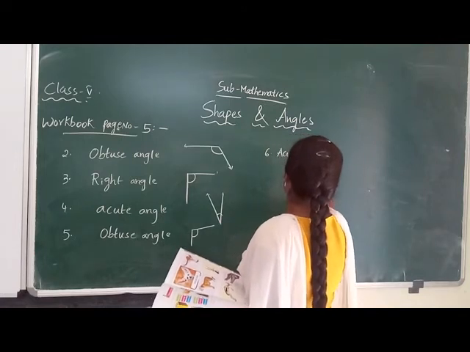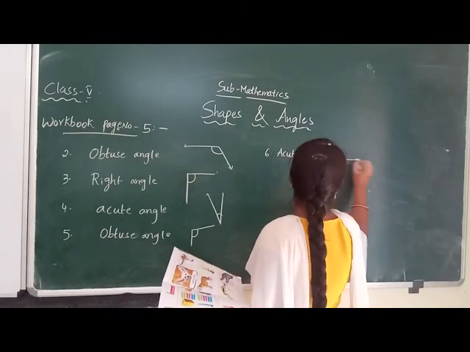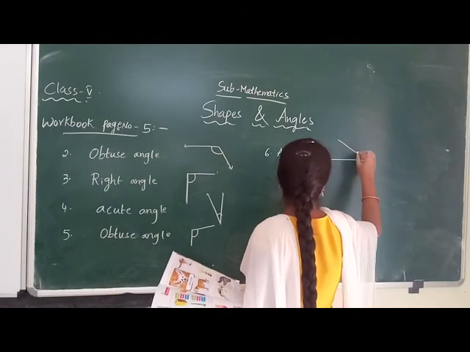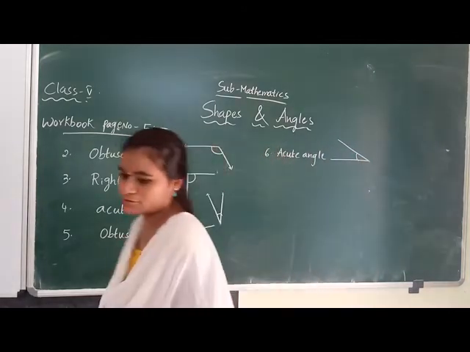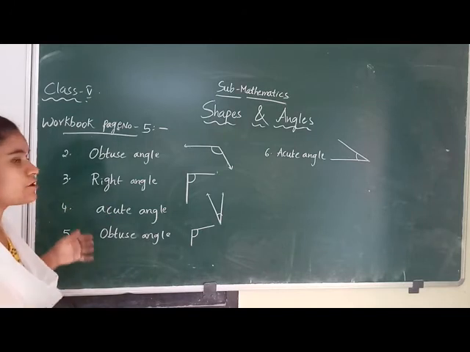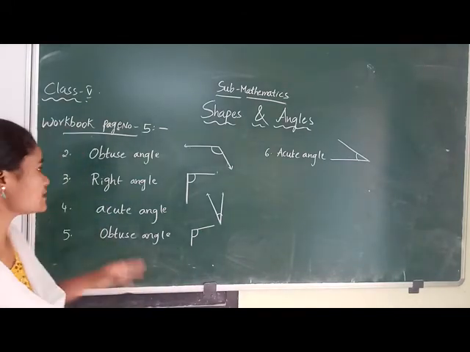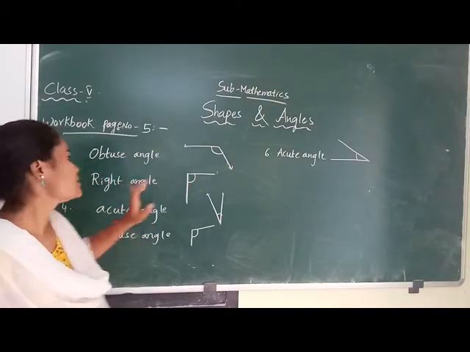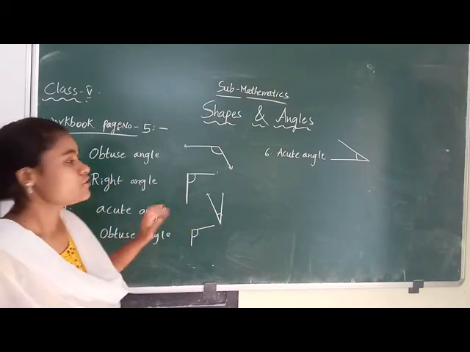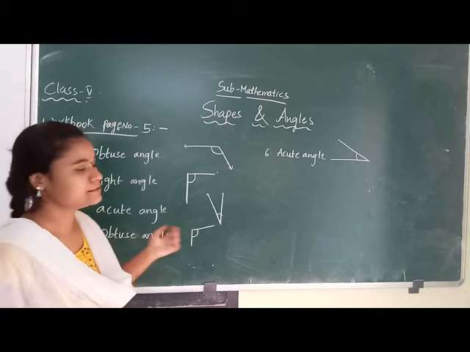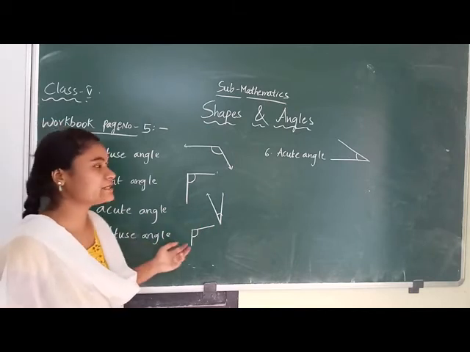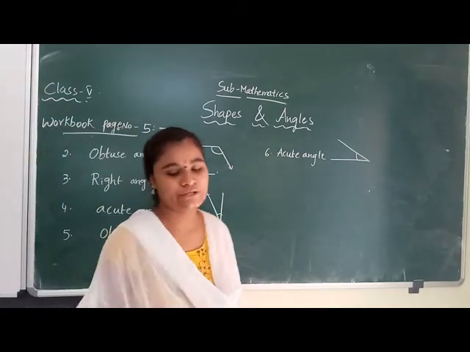Acute angle. Okay. See, first one already there. One is done for you. Next, second one, obtuse angle. Third one, right angle. Fourth one, acute angle. Fifth one, obtuse angle. And sixth one, acute angle.